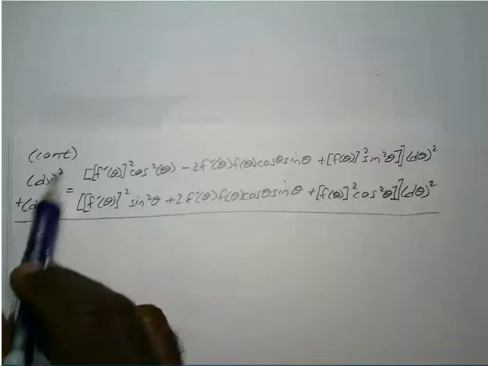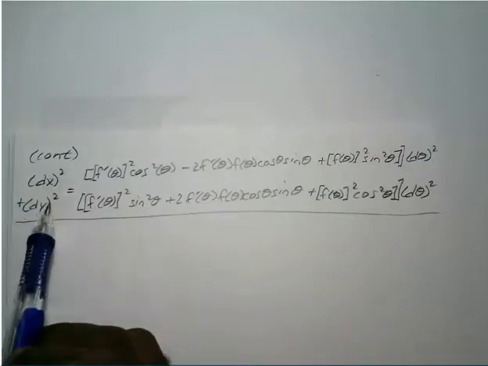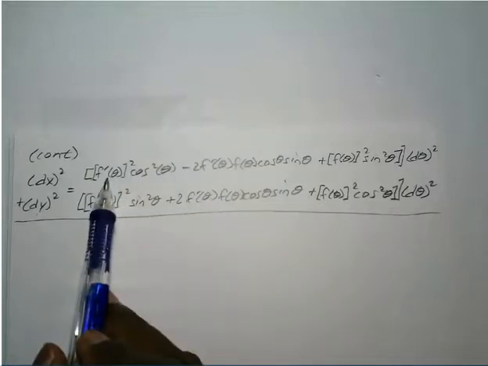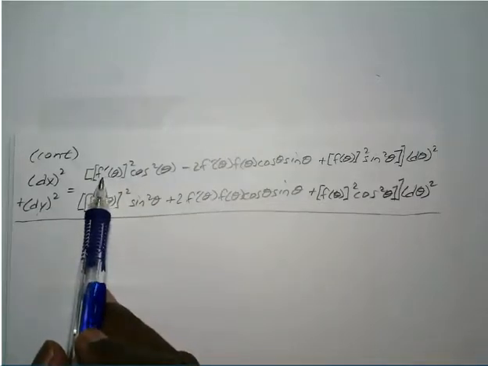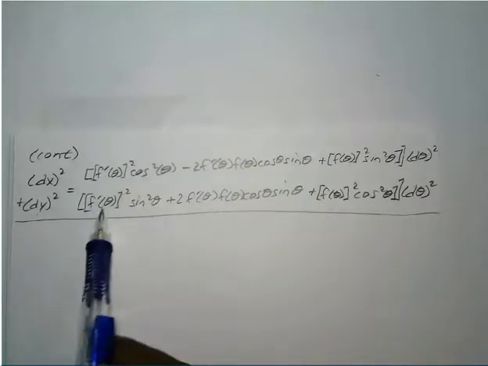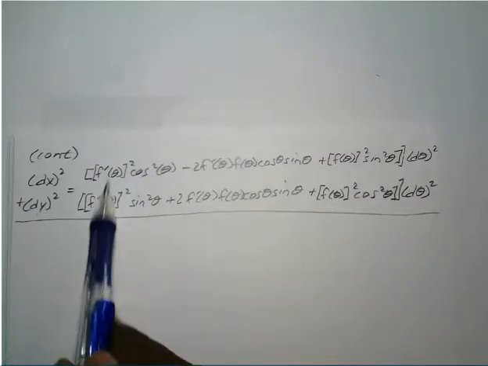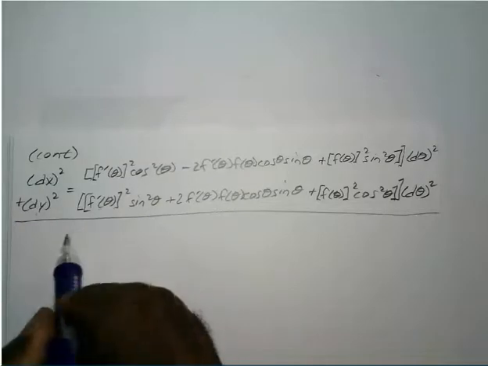So if we go ahead and add these two together, dx squared plus dy squared, if we have our f prime squared cosine squared and we add it to f prime squared sine squared, we can factor out the f prime of theta squared.